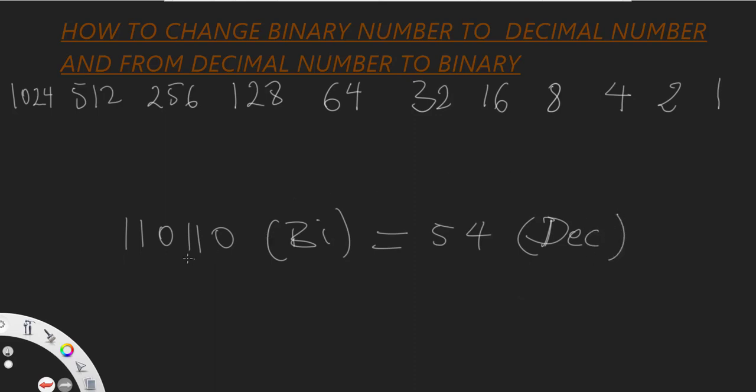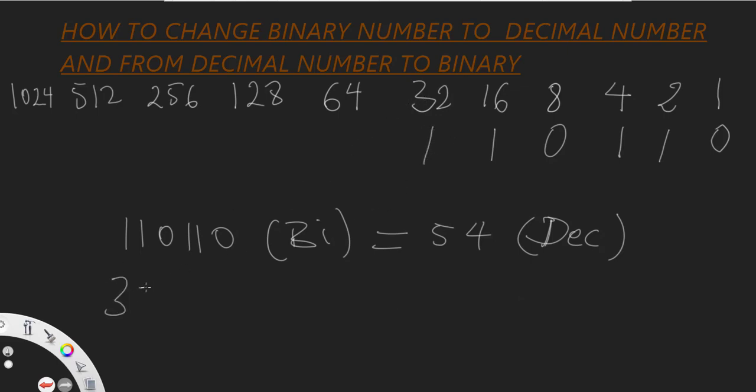Very simple. Look at this number: 0, you put 0 over there; 1, you put it there; 1, you put it there; 0, 1, and 1. So what will be next?